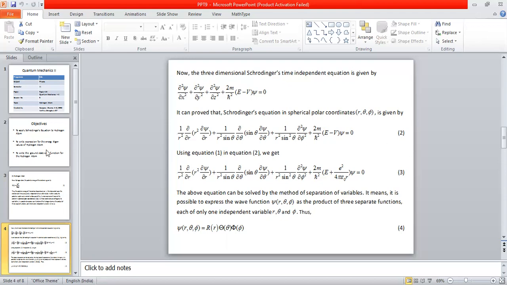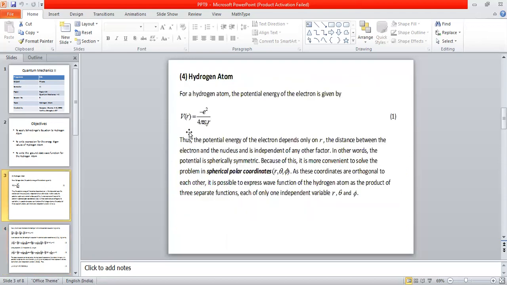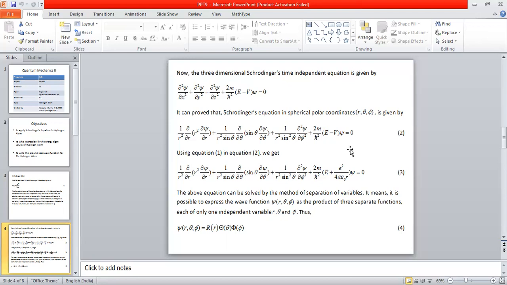As I mentioned in the previous slide, the potential energy for the hydrogen atom is given by minus e squared divided by 4 pi epsilon r. So in equation 2, I can replace the potential energy. In the place of V, we get minus e squared divided by 4 pi epsilon r.